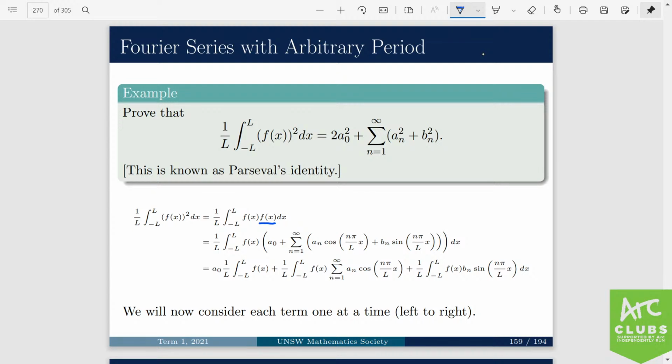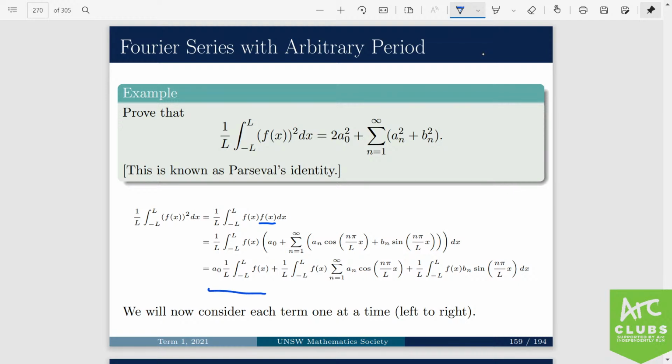And then what I'm going to do is just expand. So I say a naught times this thing, a naught times f of x all within the integral, and this times f of x in the integral. Then I expand those out. I'll get rid of this so you can see. Now, on the next slide, we're going to consider this term first.